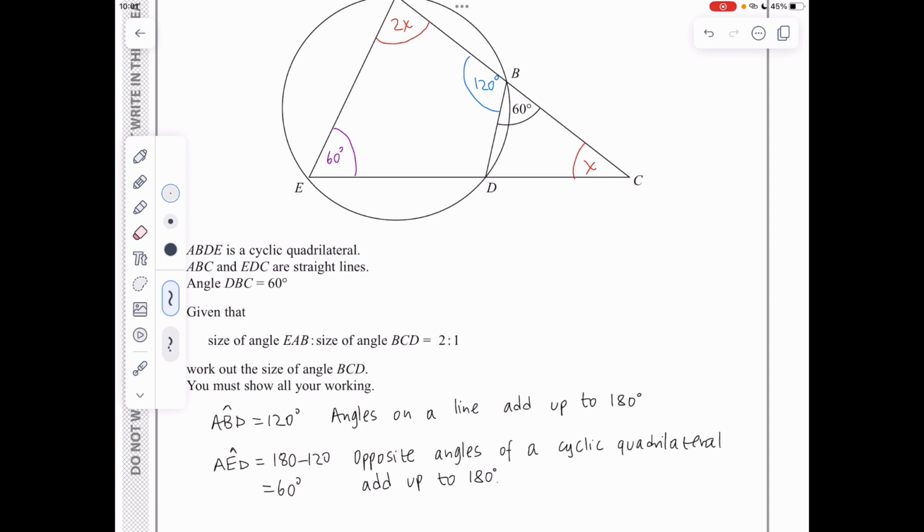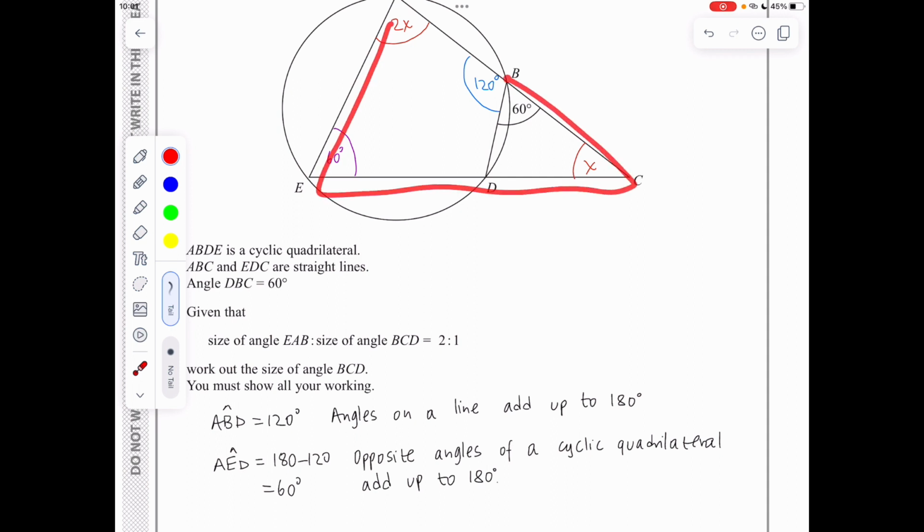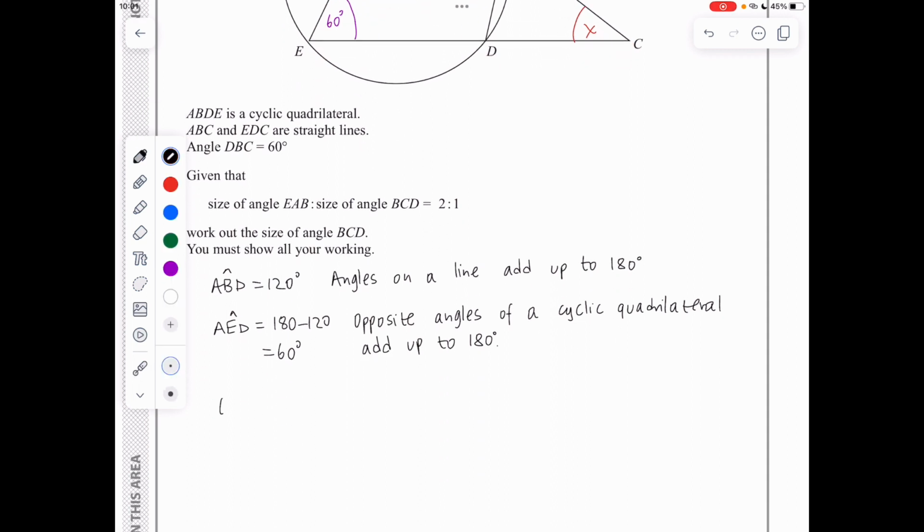And I can now proceed into saying that I've got this triangle here, so the sum of its angles should be 180. So 60 plus 2x plus x should be 180.